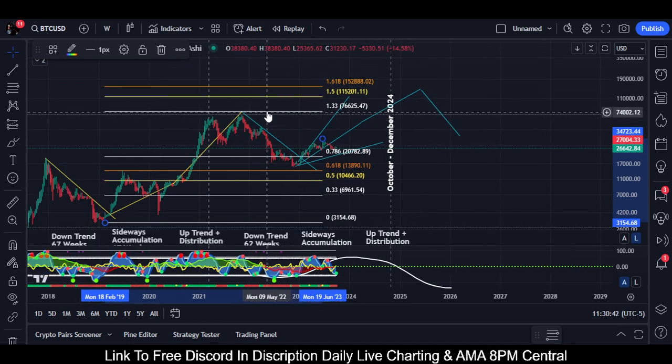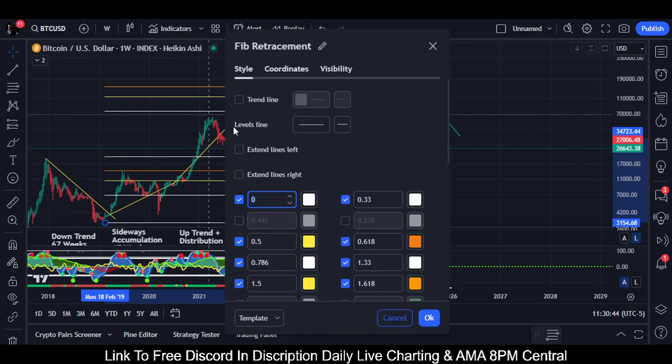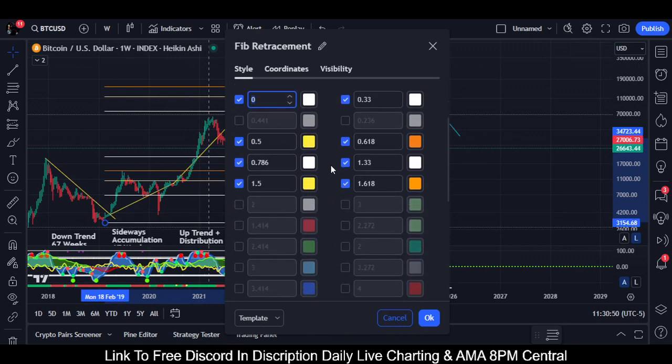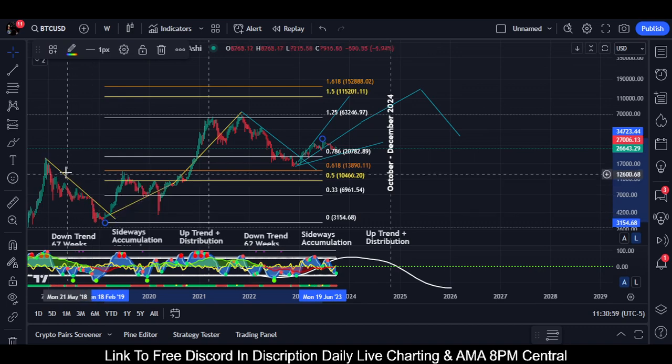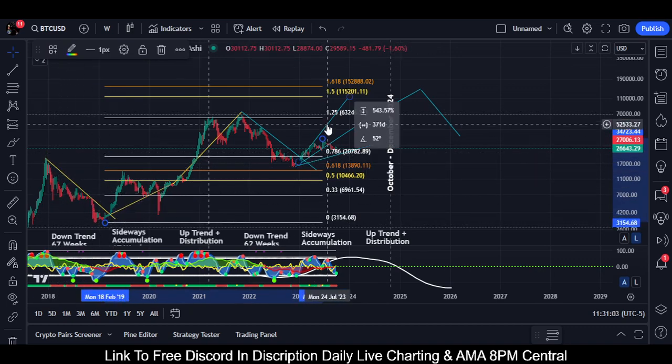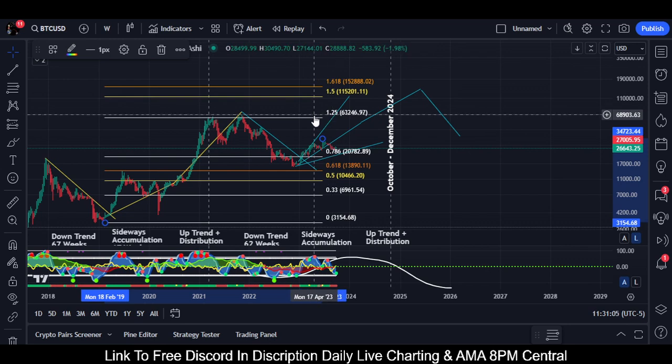It's off by 10K. It's not even. 1 1/4 maybe, which would be a 1 1/4 expansion of this price range. Let's go 1.25. That's a 1.25 expansion, going from the low to the high and expanding this range by about 1.25.